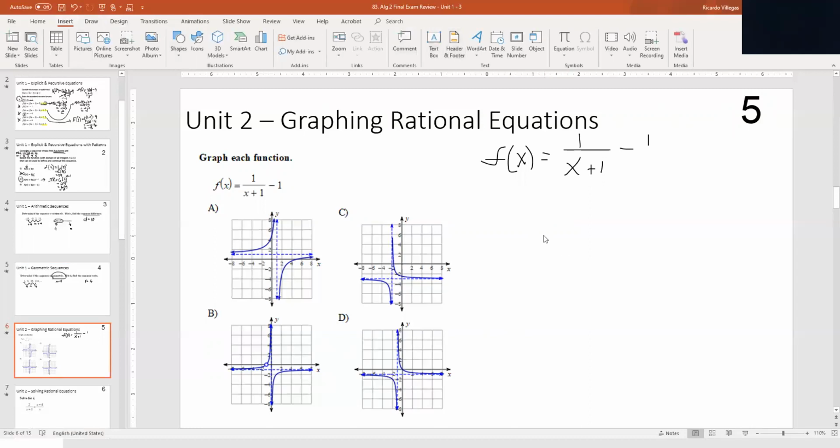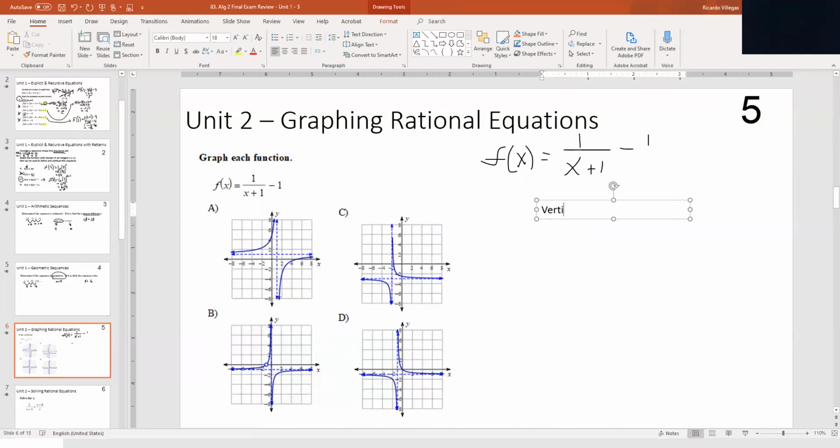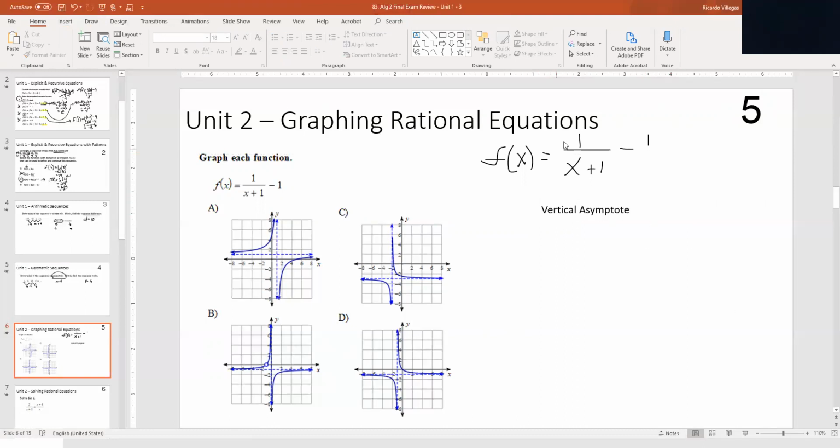Now, you all have learned that but it has been a long time, so I do understand that. So a vertical asymptote is a number in these rational equations that will make the denominator of this fraction 0.